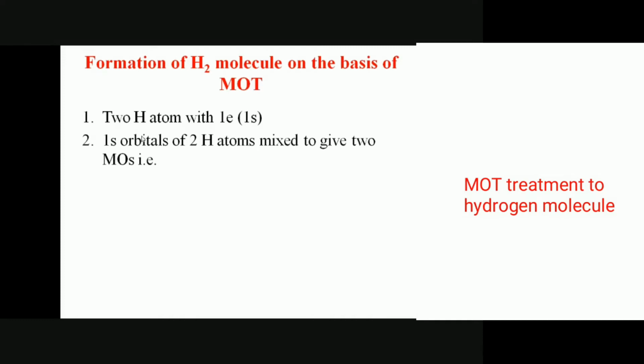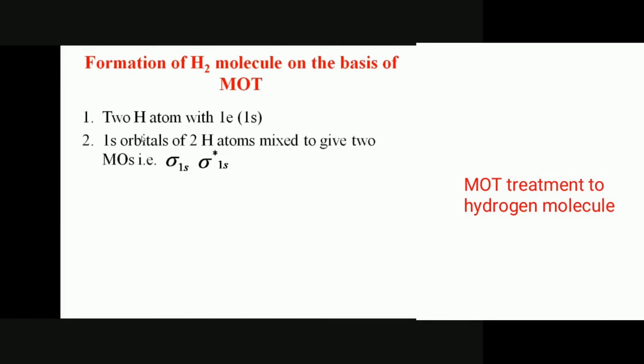Since the electrons have enough space, or the space clouded with the electron is more, they overlap to a larger extent, and when they overlap, they have more stability. More overlap, more stability, and if they have more stability, then the energy of that molecular orbital decreases, and these molecular orbitals are termed bonding molecular orbitals.